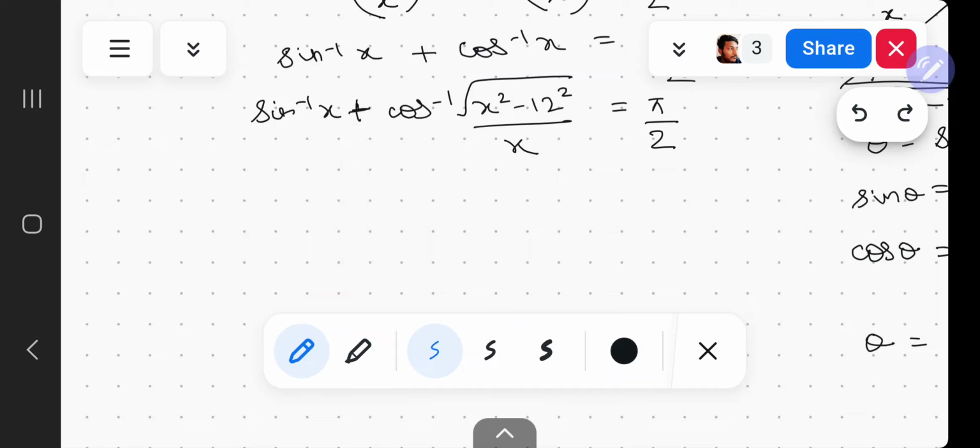So under root x square minus 12 square over x will be equal to x.